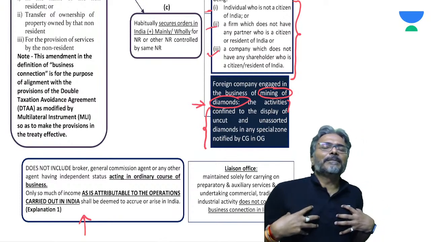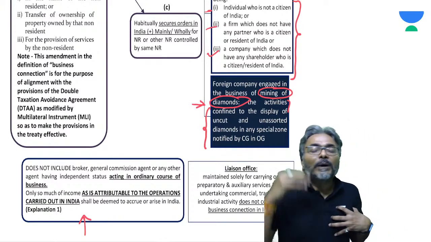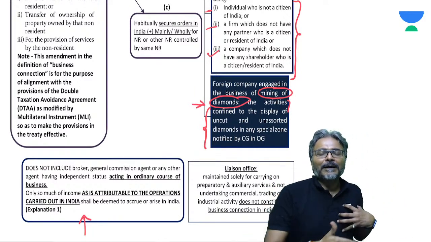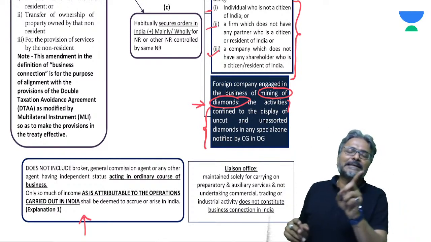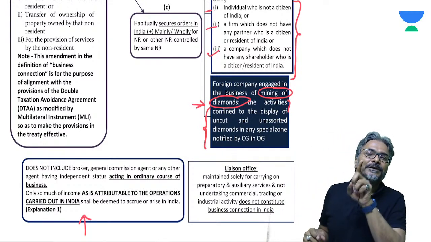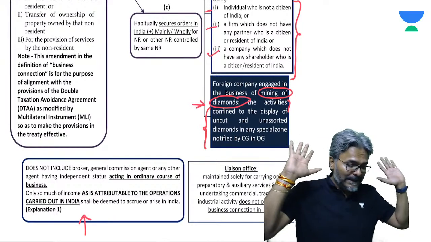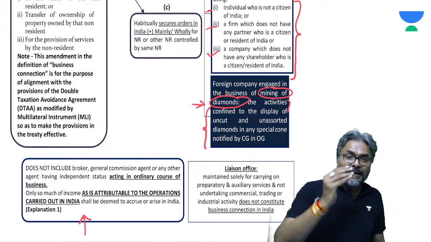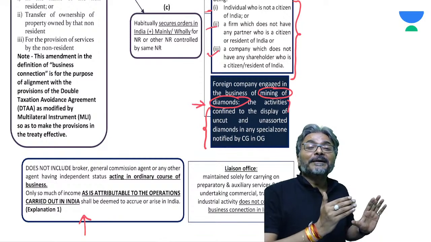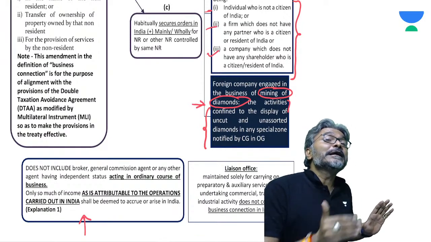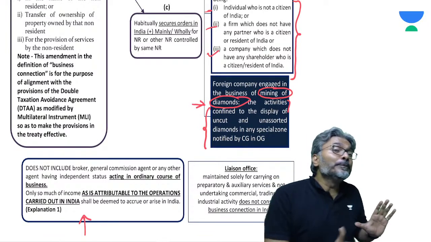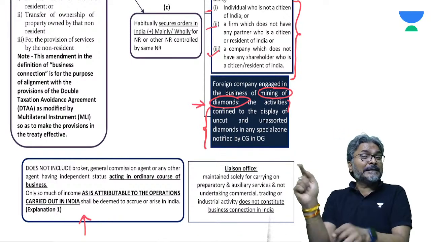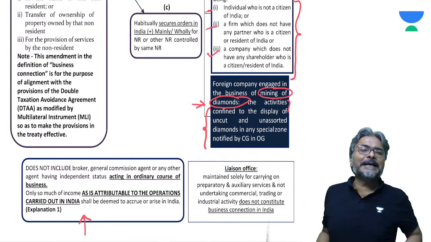Once it is established that the non-resident has a business connection in India, then only the profit which is attributable to such business connection will be considered as an income which is deemed to accrue or arise in India.